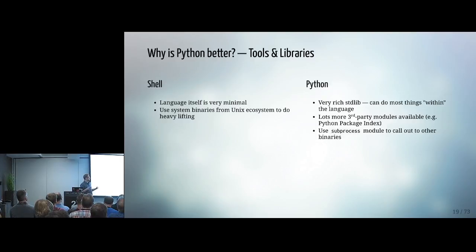You can do most things within the language without having to call out to external processes. Lots more third-party modules are available online. So if you want to get even more functionality, you can find that there. And you can use the subprocess module to call out to other binaries on your system. So you can still interact with other binaries, just like you depend on from shell scripts. It's slightly more fiddly from Python than from shell, though.